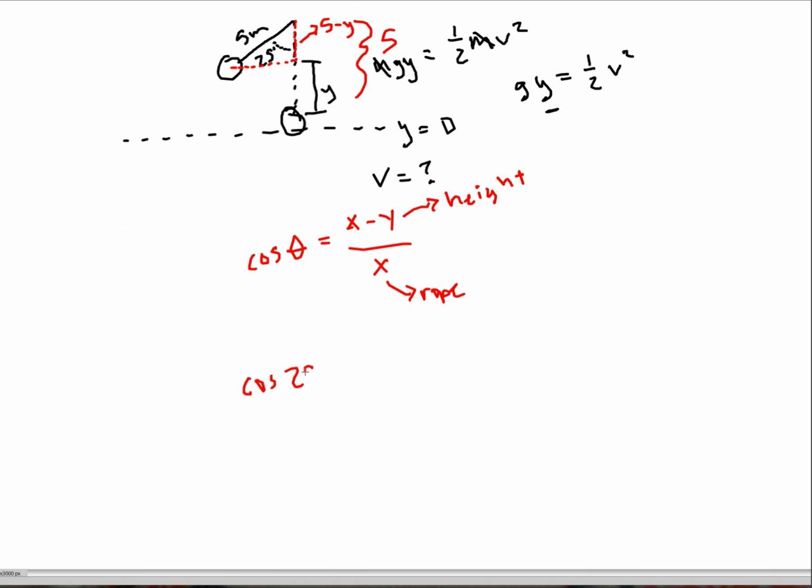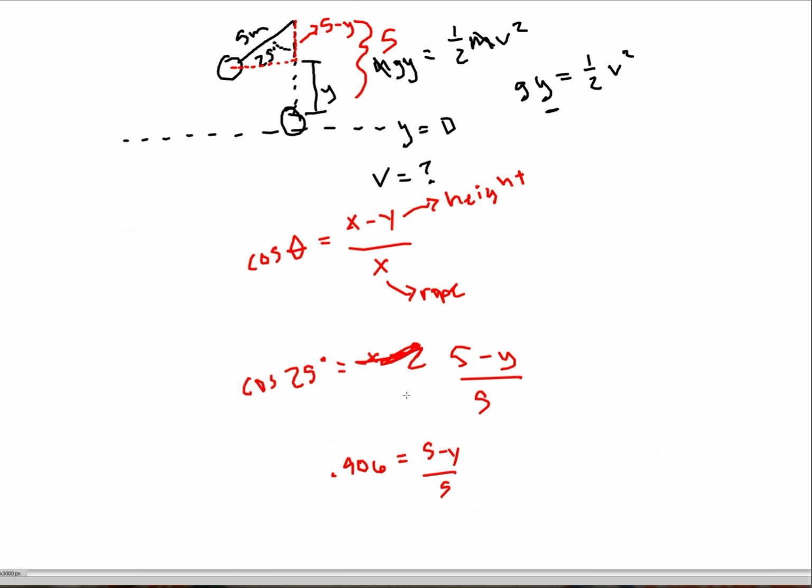Cosine of 25 degrees is equal to 5 minus y over 5. And I'm left to solve for y. Well, cosine of 25 is just 0.906. And that equals 5 minus y over 5.